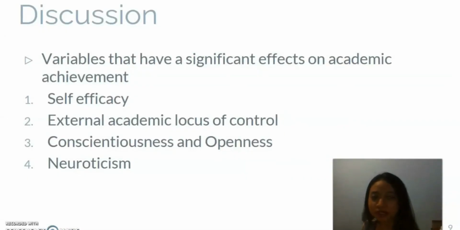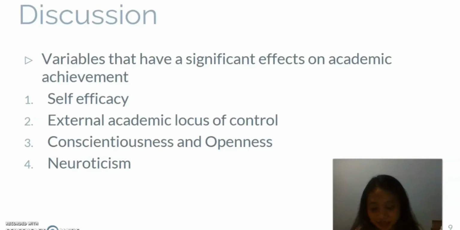So we can see that there are variables that have significant effects on academic achievement, and there are variables that are not significant. The significant ones are, first, self-efficacy. This has a positive and direct effect towards students' academic achievement because people with high self-efficacy believe that they are able to complete tasks successfully.